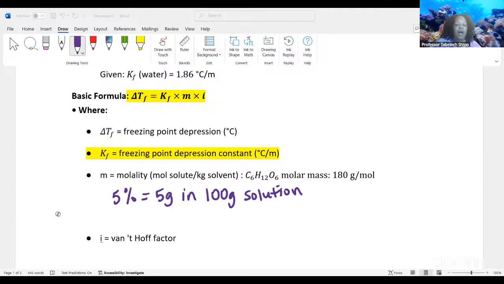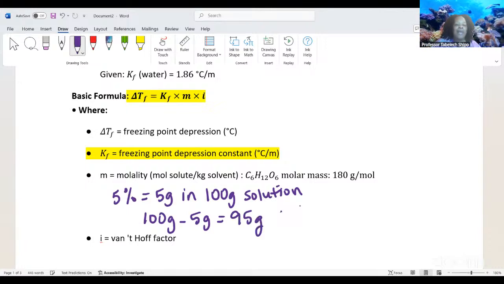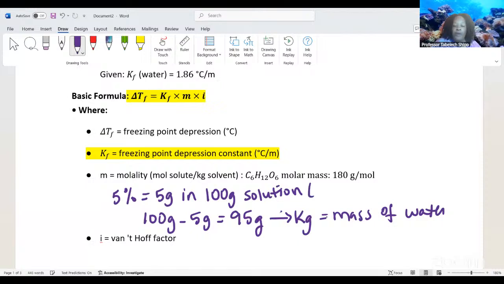So 100 grams minus 5 grams equals 95 grams. That 95 grams has to be converted to kilograms. That's equal to the mass of water. The 100 grams is the solution, and the 5 grams is the solute.